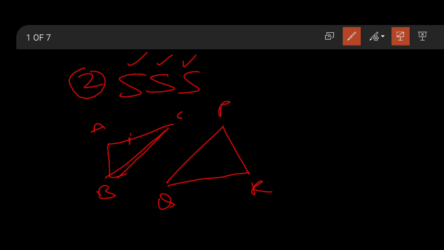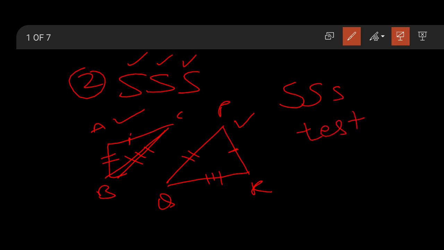This side is equal to this side, this side is equal to this side, and this side is equal to this side. So because three sides of this triangle are congruent with three sides of this triangle, these two triangles are congruent on the basis of SSS test.